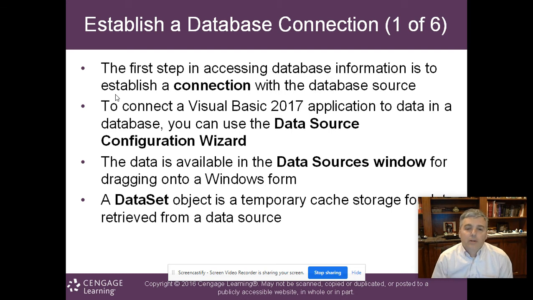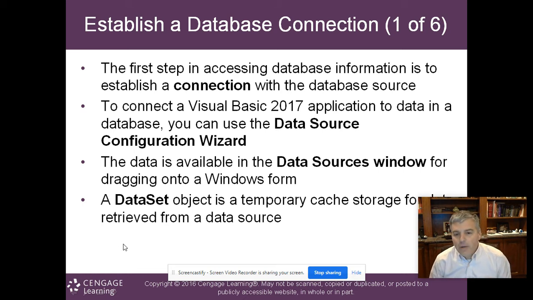So once you go through that data source configuration wizard, all you really will have to do is take the fields from that data source you created and drag them onto your form. And they'll create text boxes, they'll create labels for you, and you can just modify them as you see fit for font and size and everything else like that.